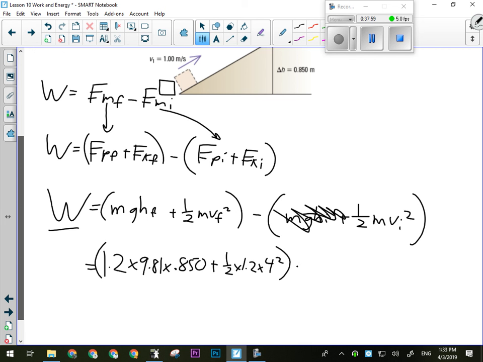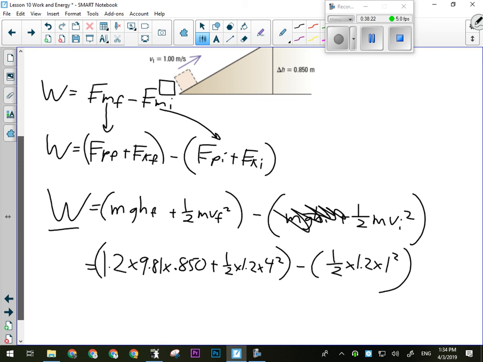Now I need to subtract my initial mechanical energy, which is all kinetic, and there's not very much of it. Right? So there's 1/2 times 1.2 times 1 squared. Okay, now you kind of realize why I say there wasn't very much of it. Okay, that's not going to be a very big number. 0.6 times 1 squared is 0.6, right?